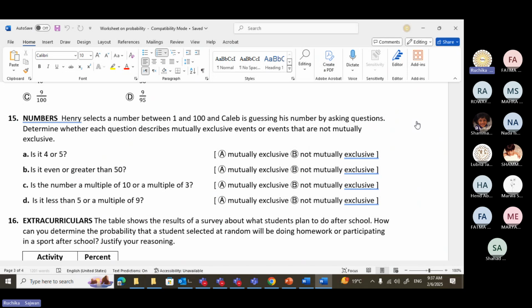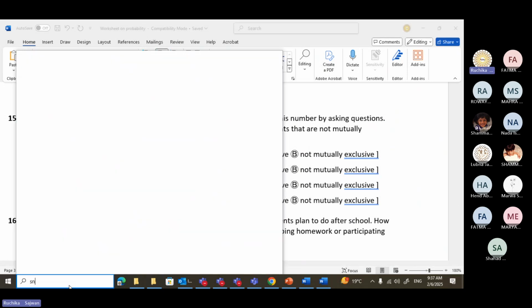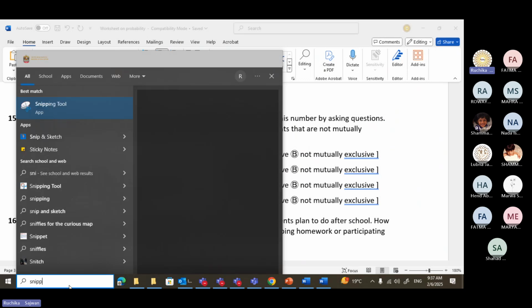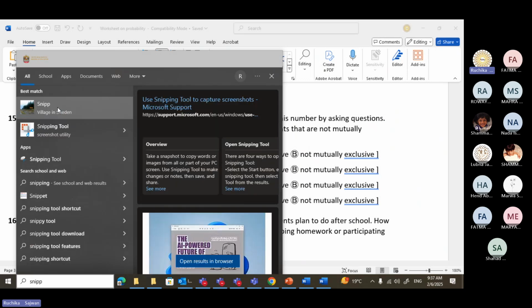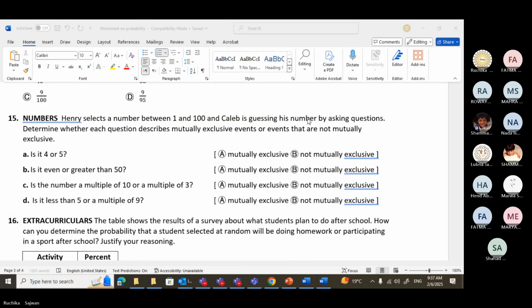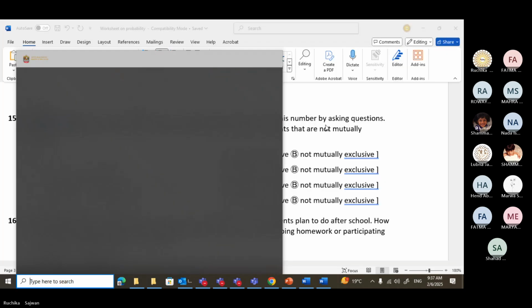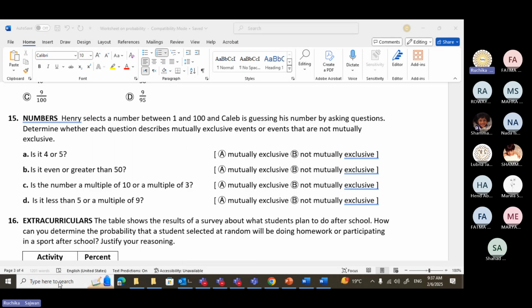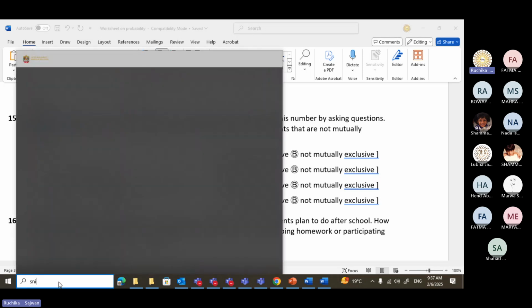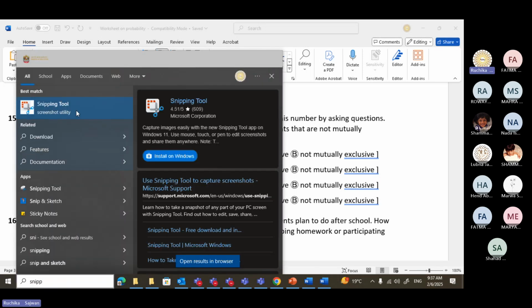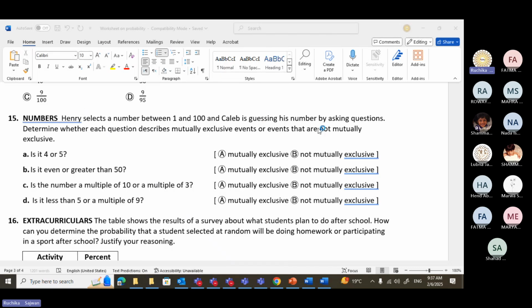So do question number 15 and after 5 minutes we will continue the class. Put your answers in the chat once you're done. I will put a picture of the question in the chat so that it's easy for you. Just 1 minute, I'm taking the picture.